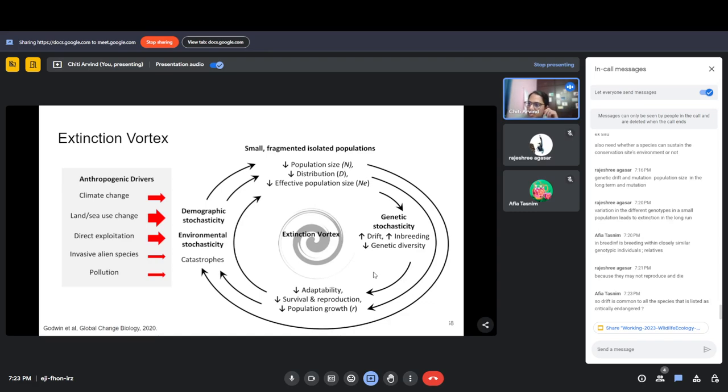So drift is common to all species that are critically endangered. Yeah, so it is termed as something known as a genetic bottleneck, and any species that is found in very less number has a much lower viability of genetic variance. So the genetic variability is much lesser.